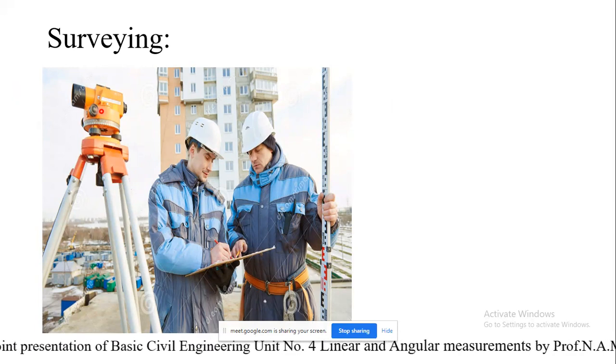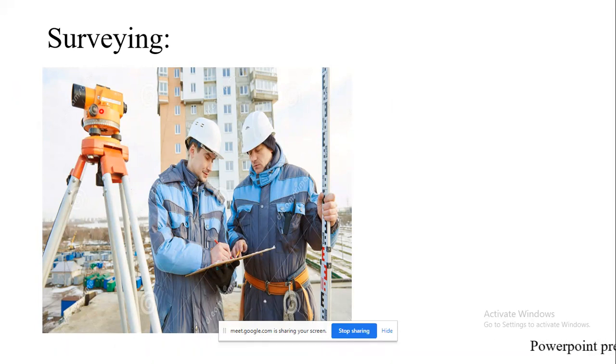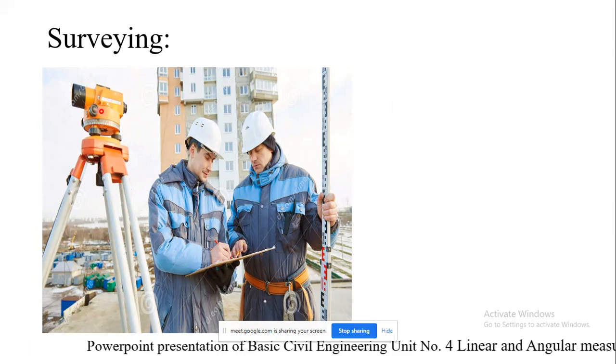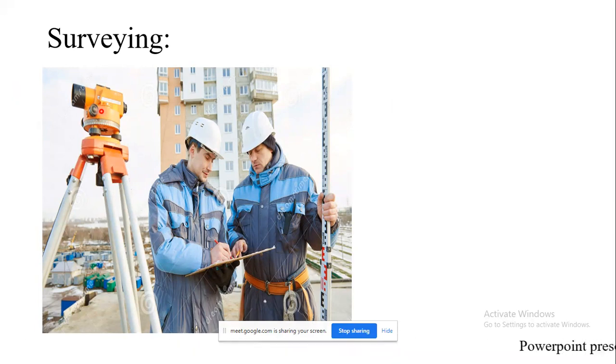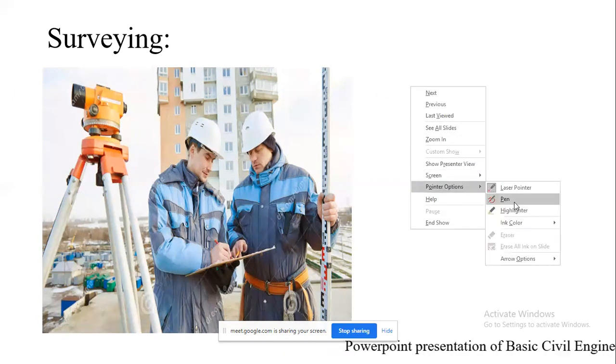So surveying is nothing but an art. Surveying is the art of determining the relative positions of different objects on the surface of the earth by measuring the horizontal distances between them. Okay, so suppose I'll show it here.